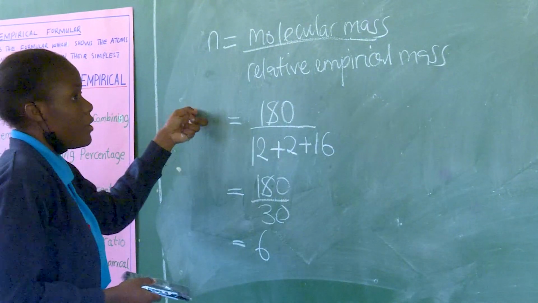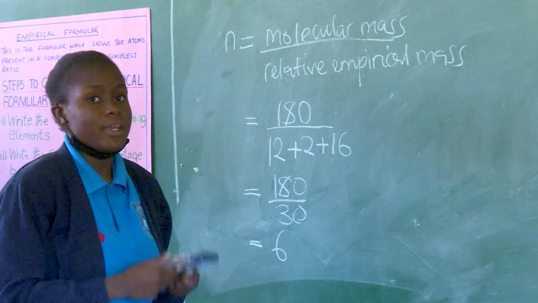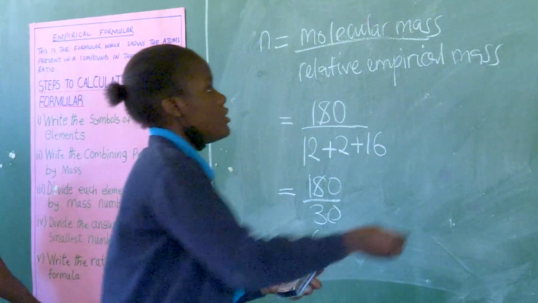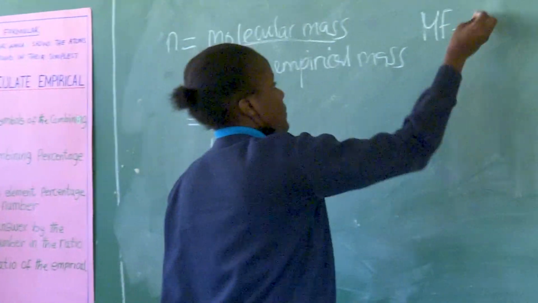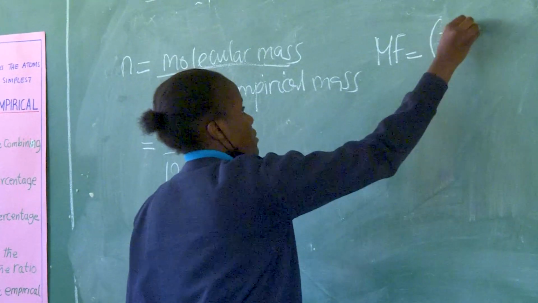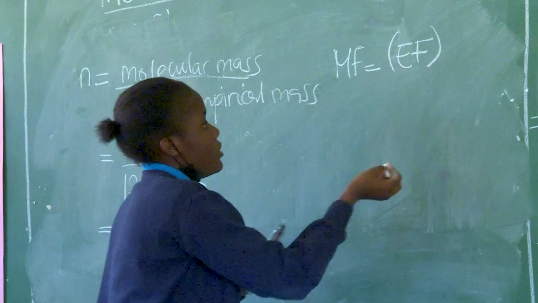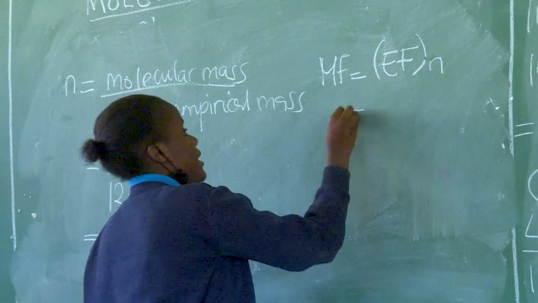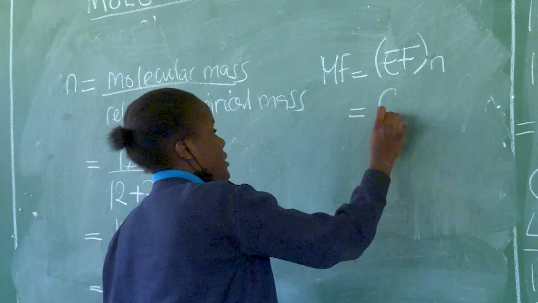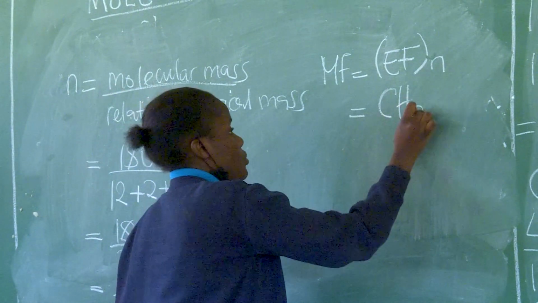Now we have the multiple, we have the empirical formula, we can find the molecular formula. So we write the formula like this. Molecular formula is equal to empirical formula multiplied by the whole number multiple. Then our empirical formula is CH2O.